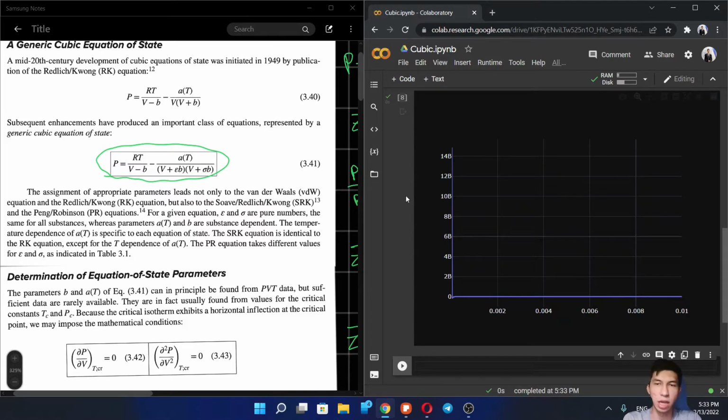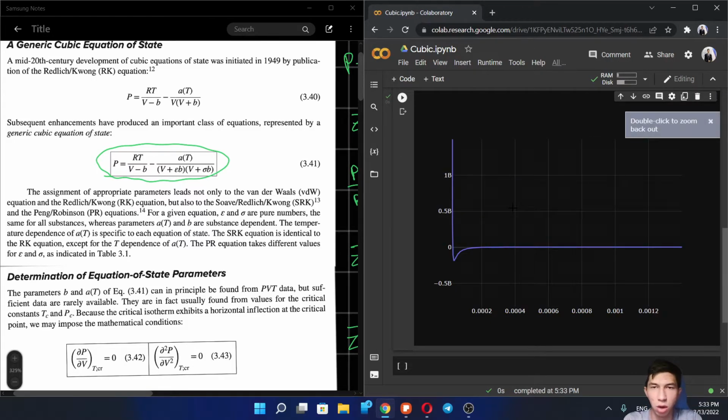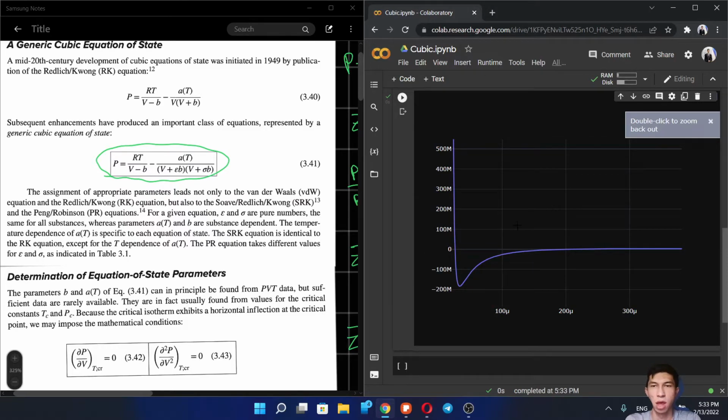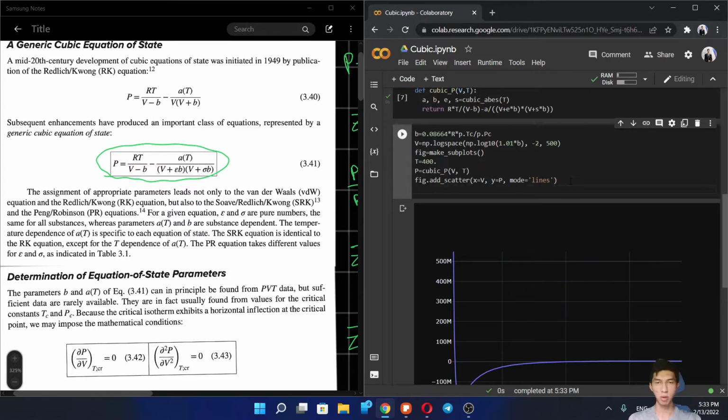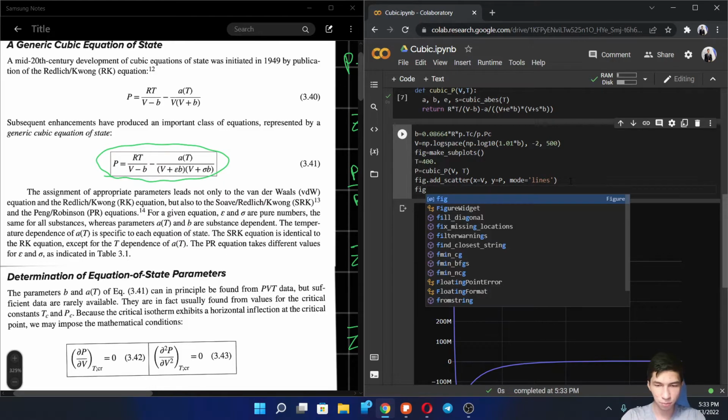You see, the mistake we made is that this graph is too big, so we need only this part, and we have to make our x-axis in a log base because we are getting the log space for our v, right? So we're going to say figure dot update.